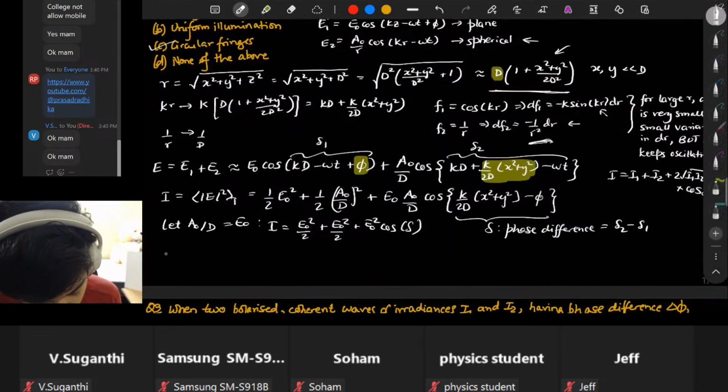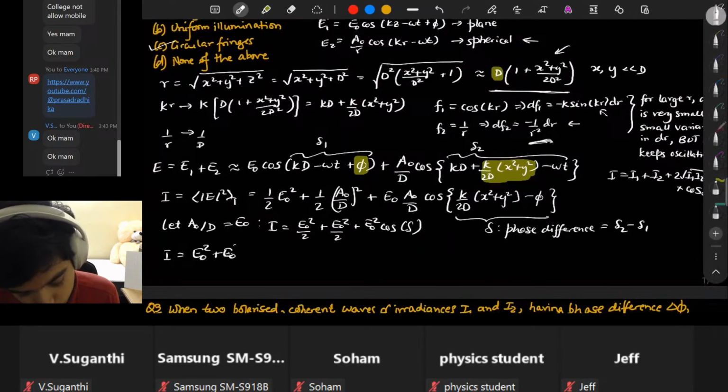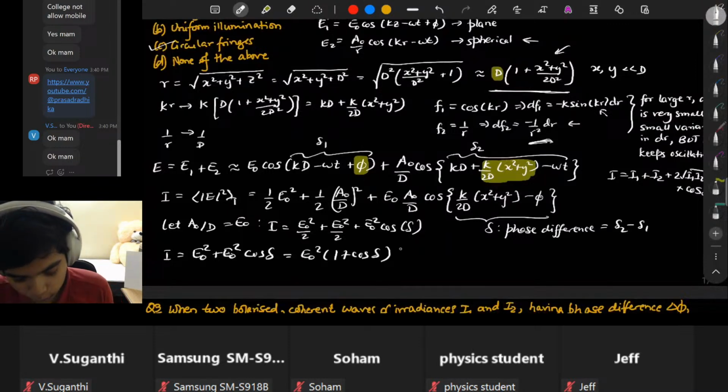So when you do this, you get I is E naught squared plus E naught squared cos delta, which is E naught squared times 1 plus cos delta, and 1 plus cos delta is 2 cos squared delta by 2. So you get 2 E naught squared cos squared delta by 2.